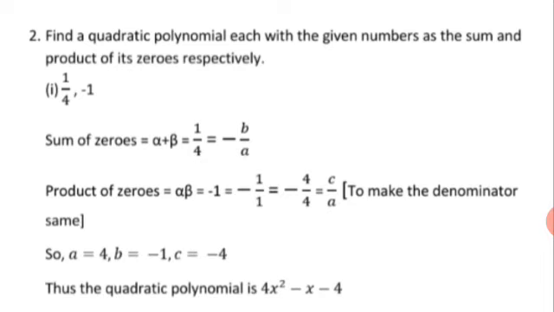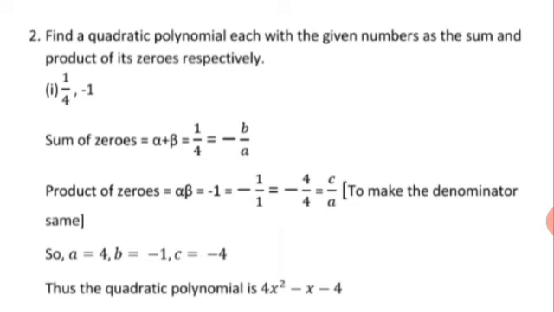It is equally important. Now with the knowledge of a, b and c, I have already got a equal to 4, b equal to minus 1 and c equal to minus 4. I will put all these values in the standard form, that is ax square plus bx plus c, and I will get the quadratic polynomial as 4x square minus x minus 4.